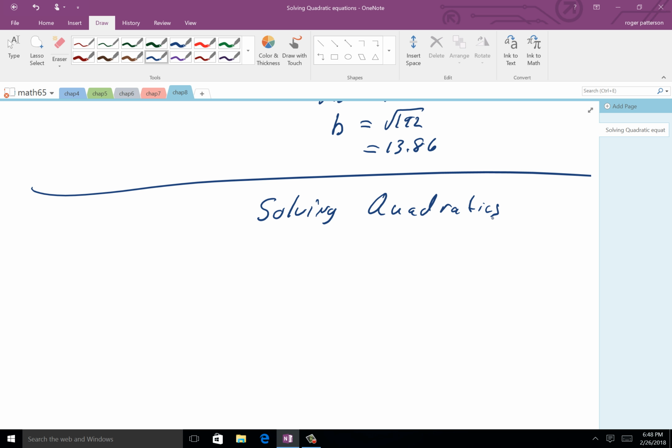But here's what we want to focus on. If I click here and click here, these are going to be the answers to my quadratic, wherever I set it equal to 0, because that's what we're going to do. Then this is going to be an answer.